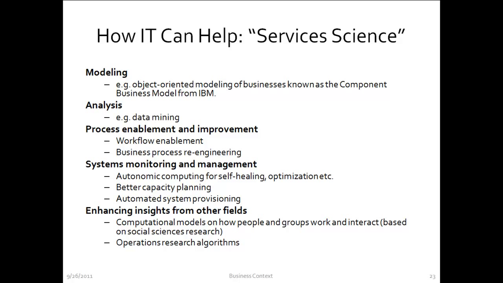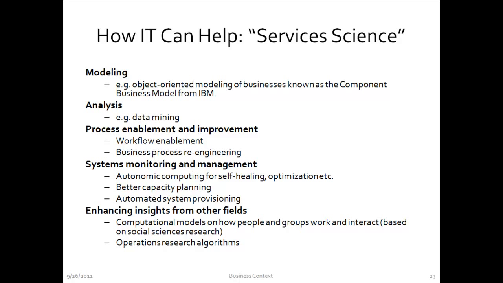So they had a component business model for insurance, a CBM for automotive companies, a CBM for fast food, a CBM for retail. And the idea was you had an object-oriented model that you could analyze, and then you could pick pieces of it and focus on those to optimize. So essentially, they were building businesses or improving businesses in the same way software engineers improve programs or large software systems.